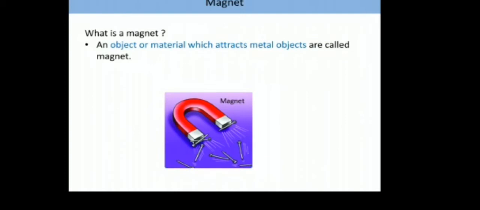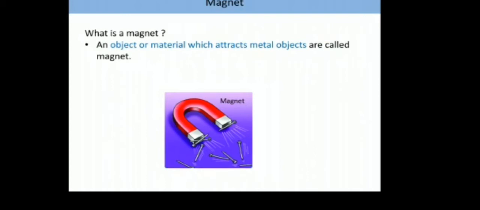They push each other away, they don't want to come close. But when unlike poles are brought together, for example one pole is north and the other is south, these two opposite, dissimilar poles come close to each other and attract each other.